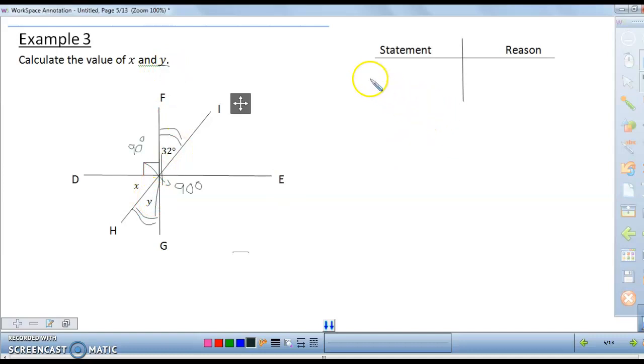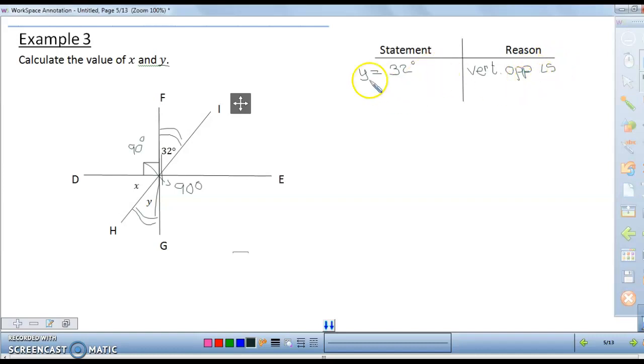So I can say angle y must be equal to 32 degrees. And the reason is vertically opposite angles.